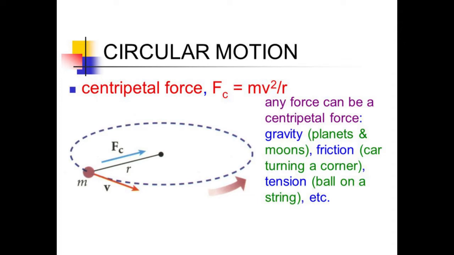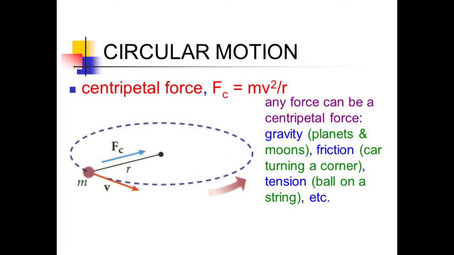And whenever a body of mass m is revolving in a circle with a uniform speed v, and the magnitude of velocity is v, with a radius small r, then the force which always binds the body towards the center of the circle is called centripetal force, and this value is mv square by r.